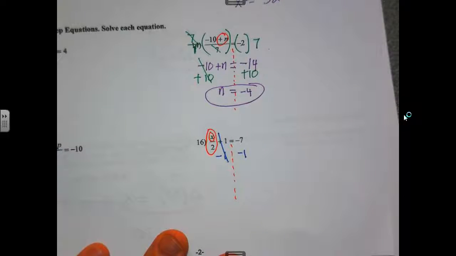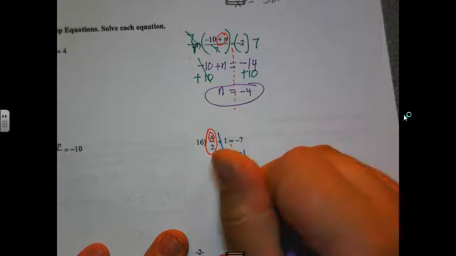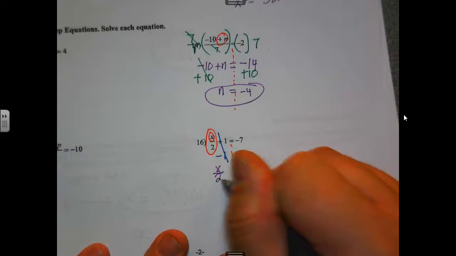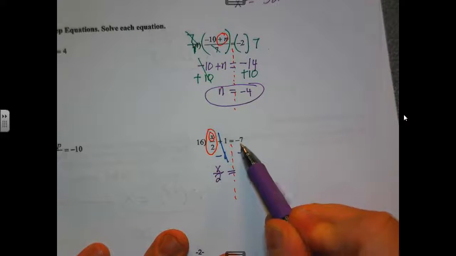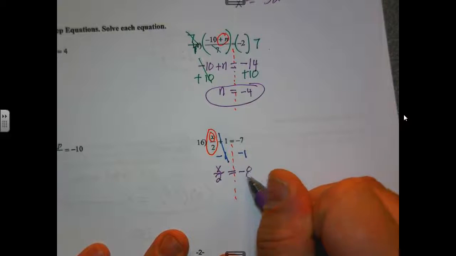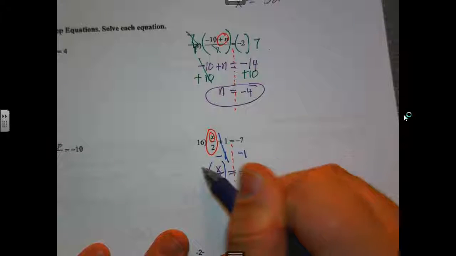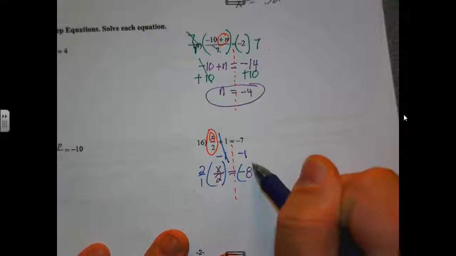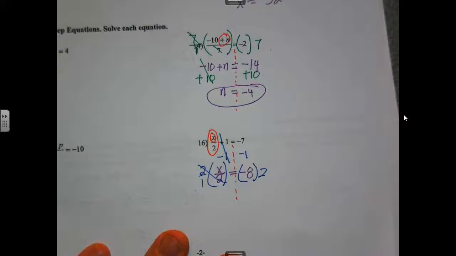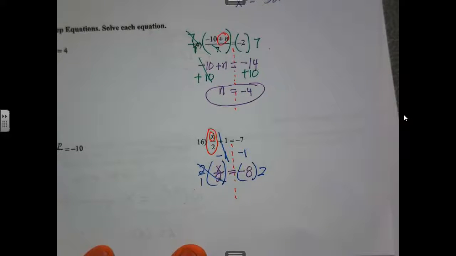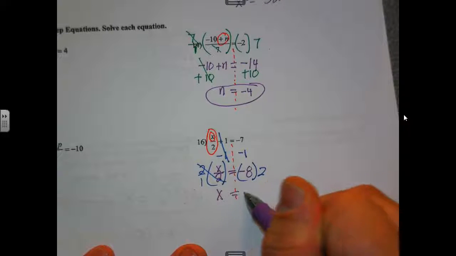So I get the x over 2 term by itself. Thank you. Now I'm going to multiply it by 2. So I get x equals negative.